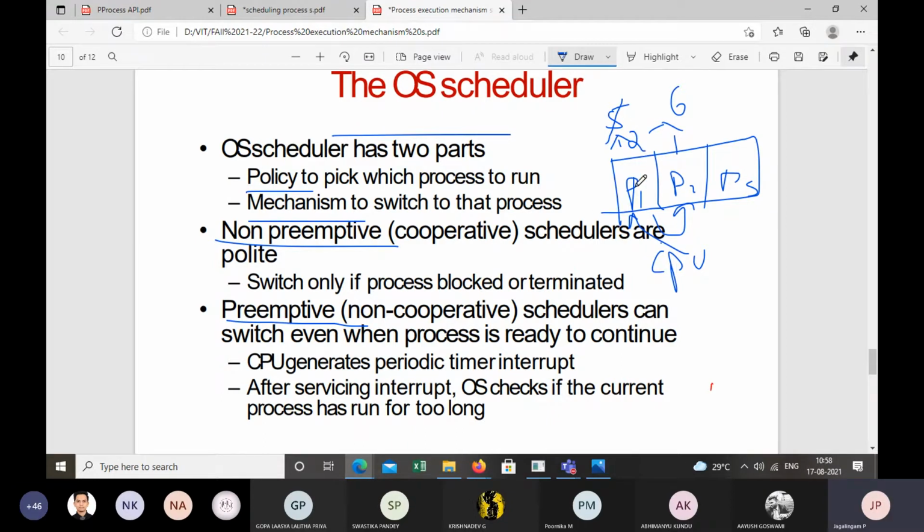When the process executes for 2 milliseconds, the CPU can generate a timer interrupt. So when the timer interrupt is generated, the operating system moves the CPU from process P1 to P2.